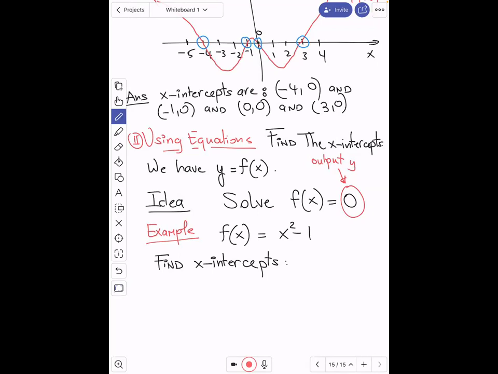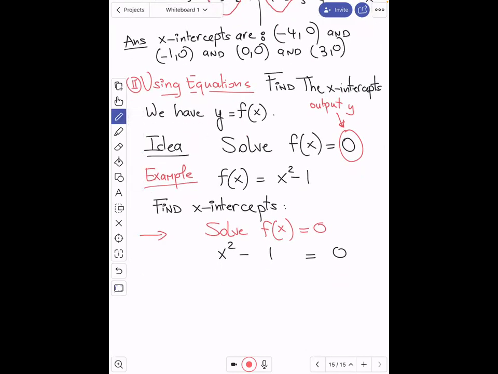You have to solve f of x equal to 0. So like in this example, that will be x squared minus 1 equal to 0, right? I want to solve for x, of course. So let's solve this for x.